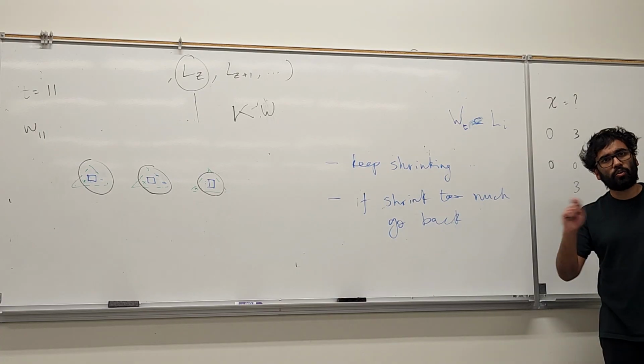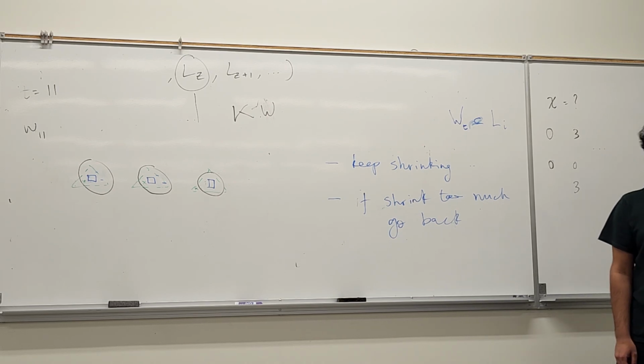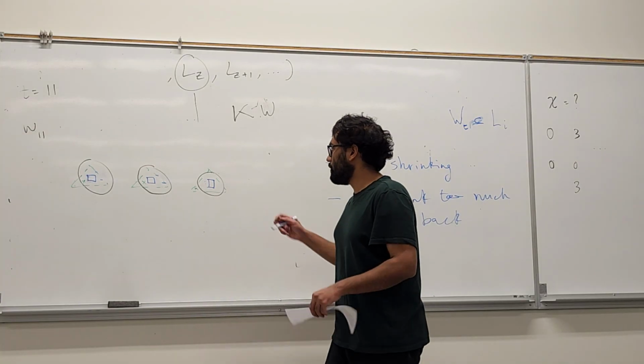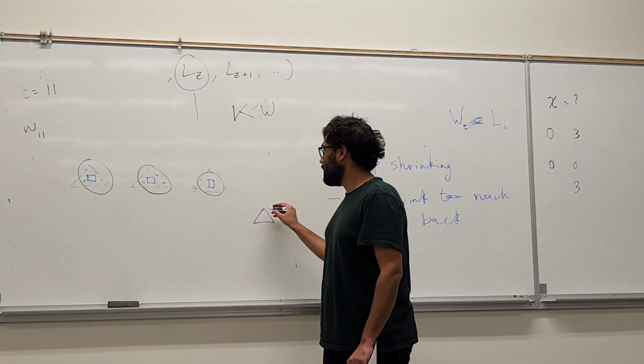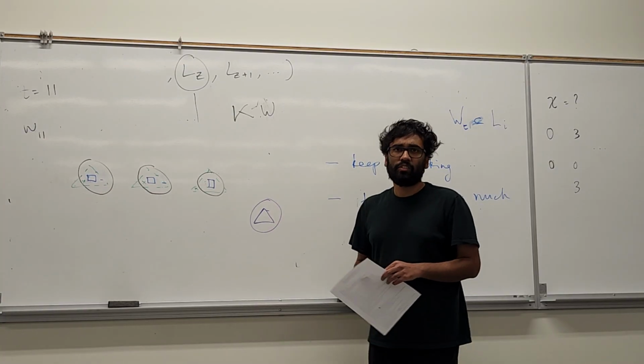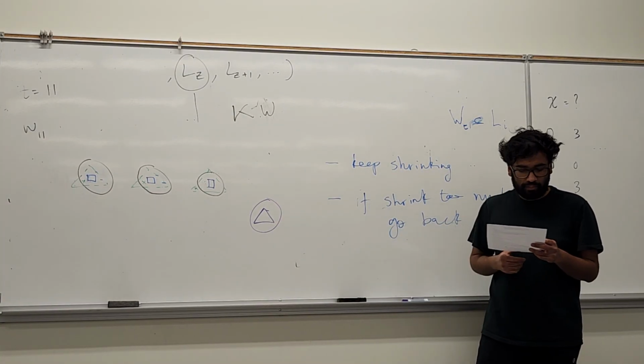The keyword would be mode collapse, where the LLM is not able to generate diverse answers. And of course the other word is hallucination. If you do not shrink the breadth, hallucination would be generating something which is outside the triangle but inside your guess. If you're generating something which is not in the true language, that's known as hallucination.